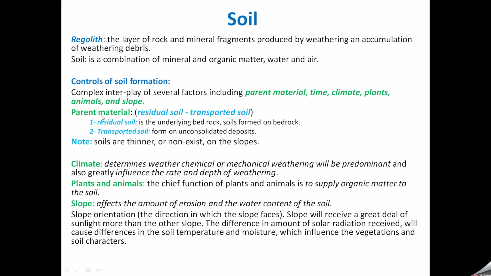So parent materials. Here we have residual soil and transported soil. Residual soil is soil formed on the underlying bedrock. So when you have residual soil, that means the soil formed above the bedrock.